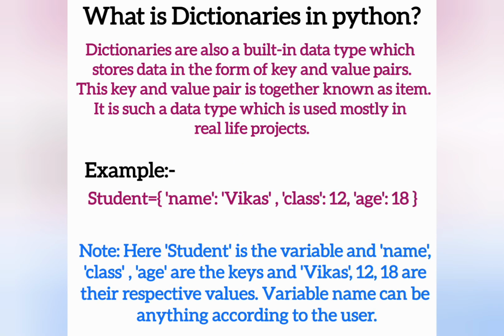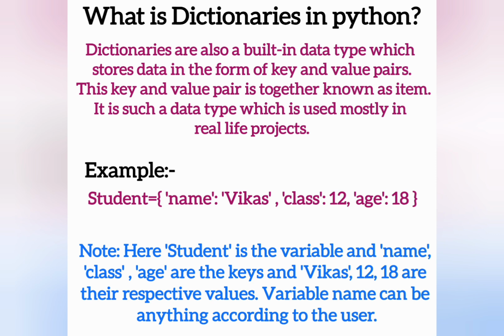The last one is dictionary. A dictionary is a built-in data type also. This also stores multiple data, but the thing we have to keep in mind is the format. Dictionaries also store data in curly brackets, but they store the data in elements, and these elements are in the form of key and value pairs.